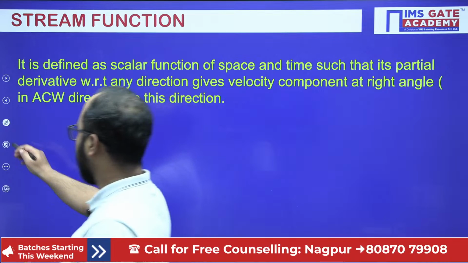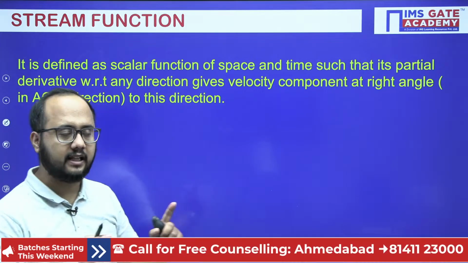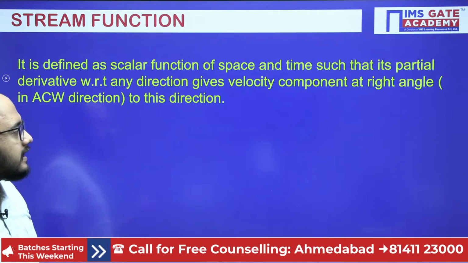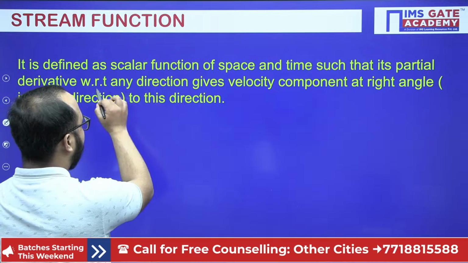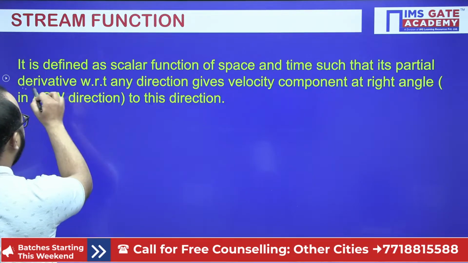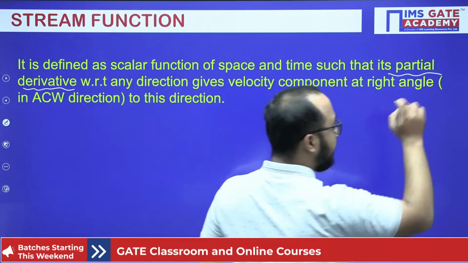Okay, now if you see the definition here, the stream function is defined as a scalar function of space and time, such that its partial derivative with respect to any direction gives you the velocity component at right angle to this direction.